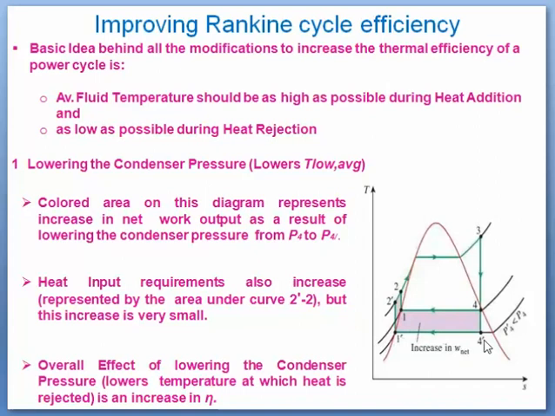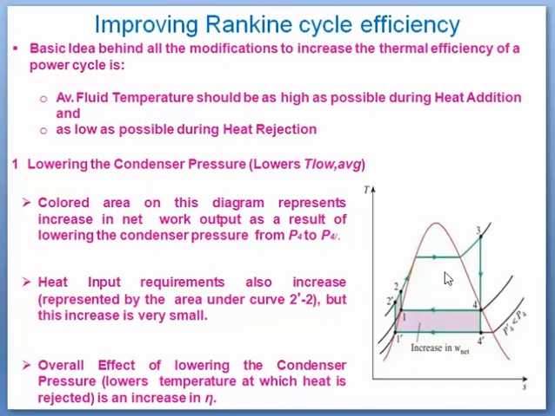So this 1-4' represents the new condition, or that P4' pressure, because this is a constant pressure process, which is less than this P4 pressure, represents the new condition of the condenser. So we can see from here that by lowering the condenser pressure, we are also lowering the mean temperature of heat rejection, and this colored area of the diagram represents the increase in net work output.